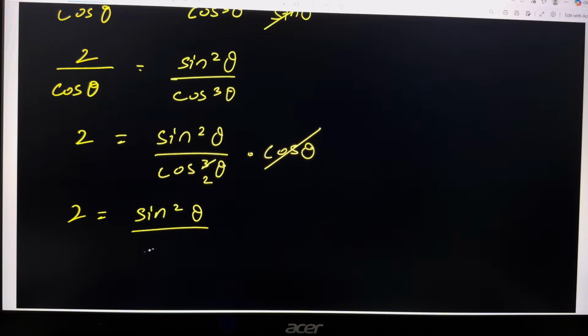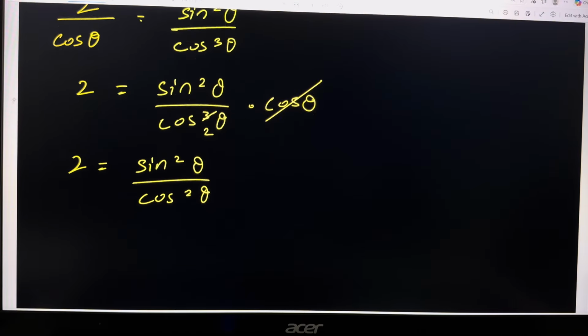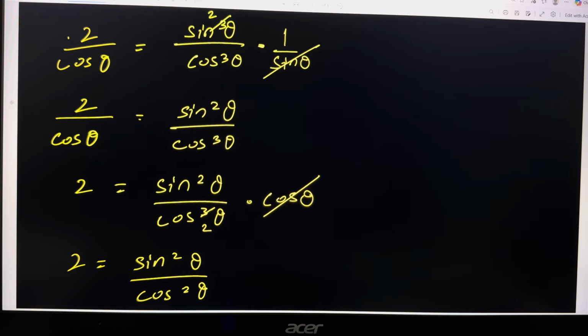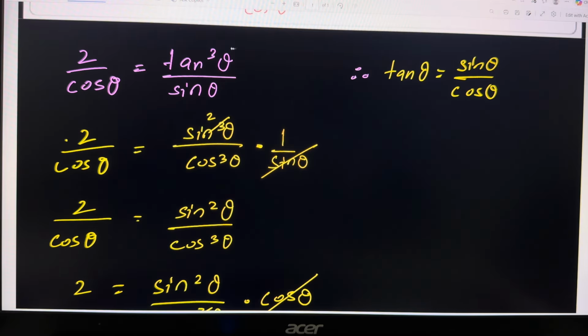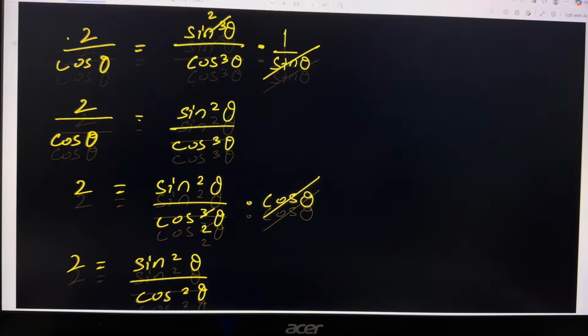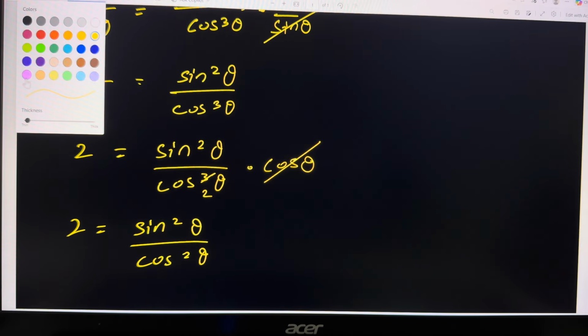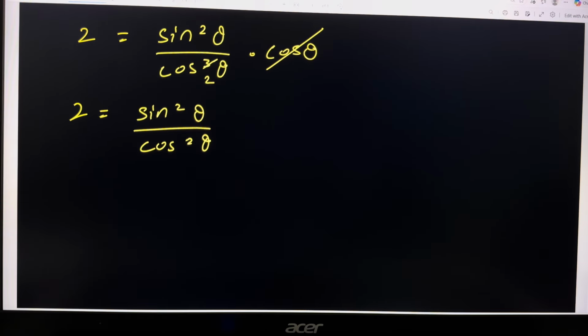To make it easier on us, I don't have to write it again, because I just told you that sine upon cos, no matter the power, is equal to tan. So we just write this as tan square theta, and that will make it easier for us. We can do it other ways. How, you may ask?